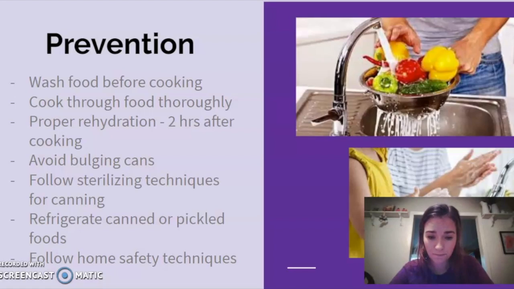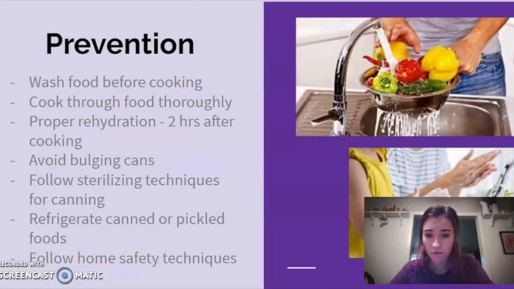to diseases. It is also a safe practice to wash the outside of cans before opening them. There are several types of bacteria that can enter the cans, and also if you see bulging cans, avoid those, and also look at expiration dates.